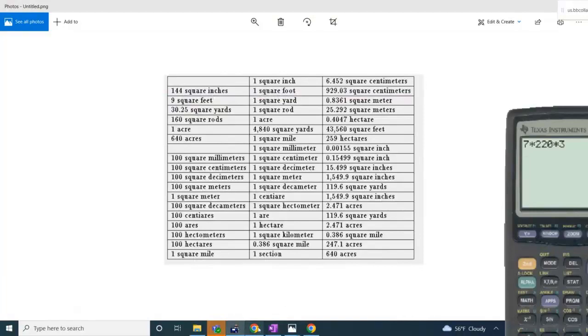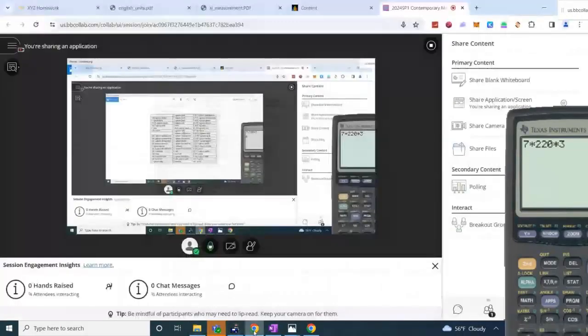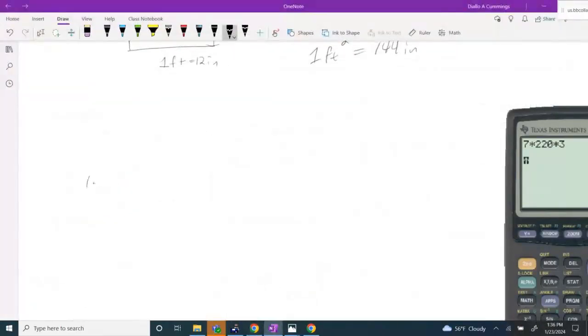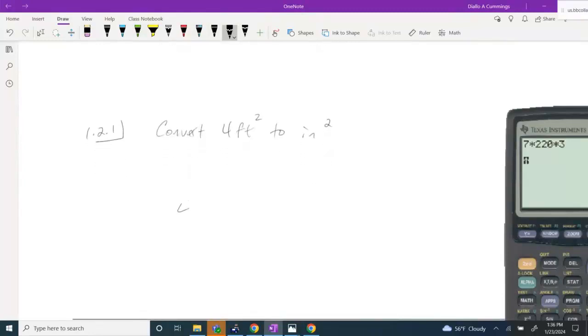So we're going to use that conversion along with the unit fraction. Right. So we want to convert 4 square feet to square inches. So this is 1.2, number 1. Convert 4 square feet to square inches. So I have 4 square feet.